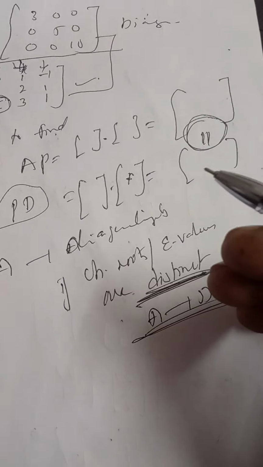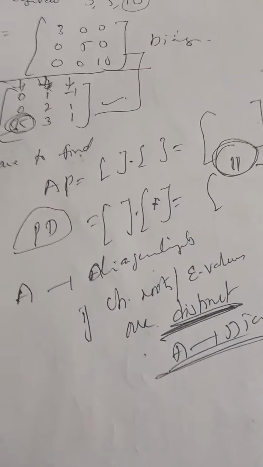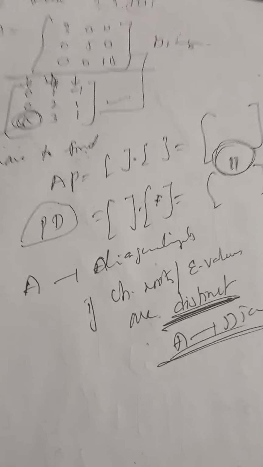That means you will get AP is equal to PD, right? That is the procedure. Remember the definition of diagonalizable: A is equal to PDP inverse, or P inverse DP. The next topic: now I said diagonalizable is over, right? Now how to find P and D?